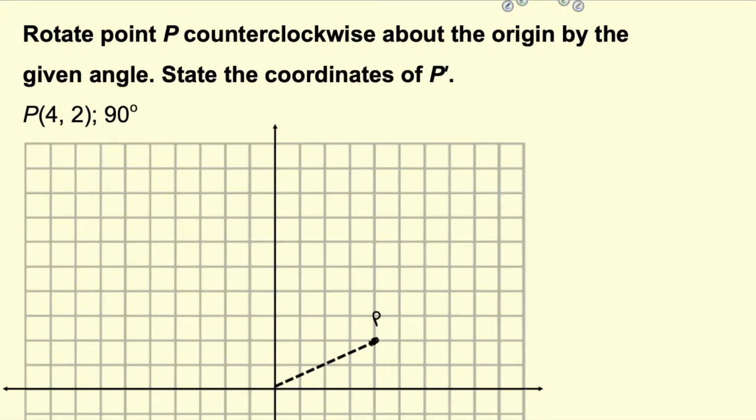It's standard practice that the coordinate plane starts in quadrant 1, goes to quadrant 2, quadrant 3, quadrant 4, and we keep going in this counterclockwise rotation.